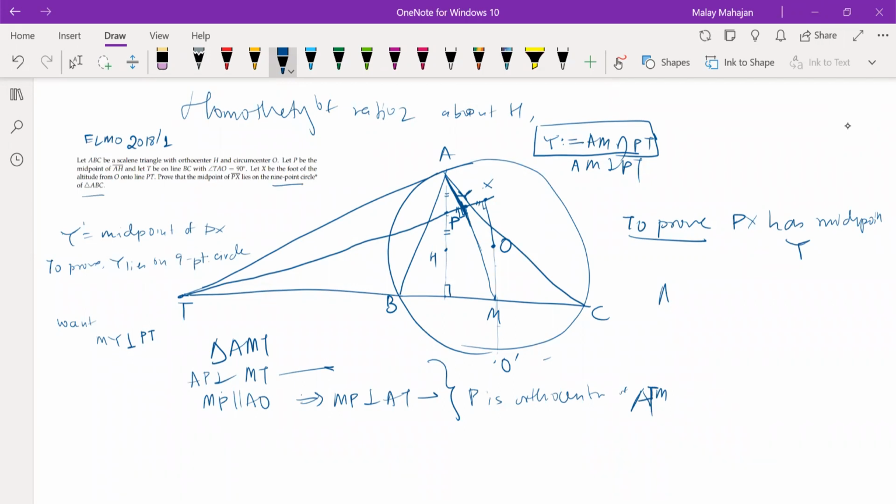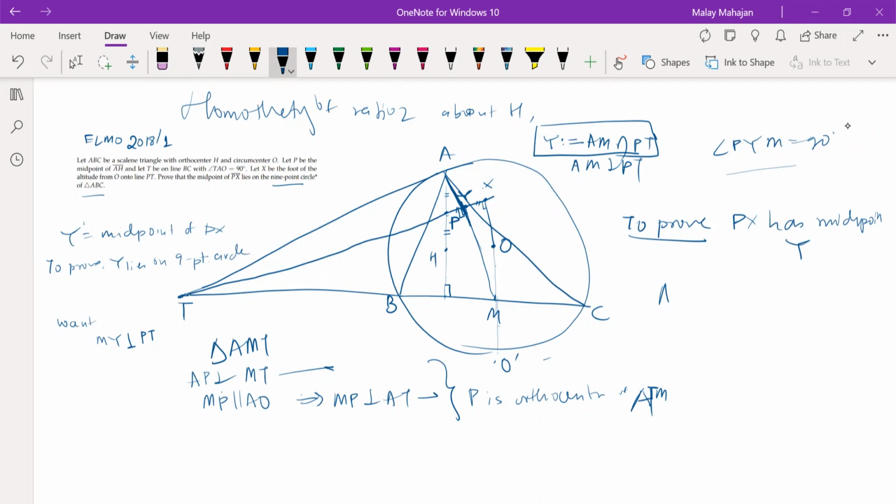So we want to prove that we indeed have PYM is 90, which would imply that Y lies on the 9-point circle, because the 9-point circle is the circle with diameter PM. So we want to prove that Y is actually the midpoint of PX.